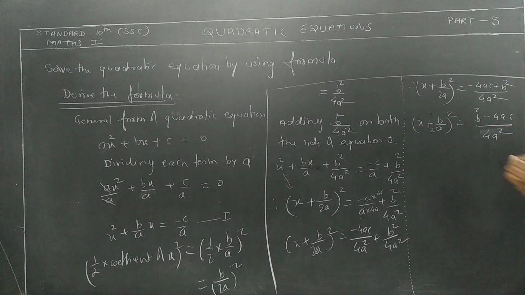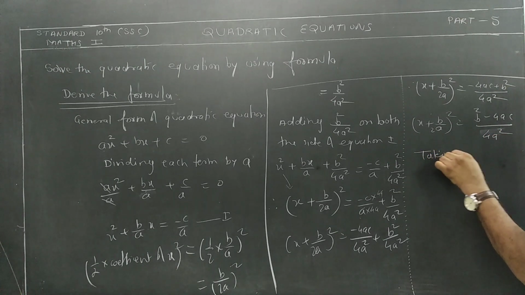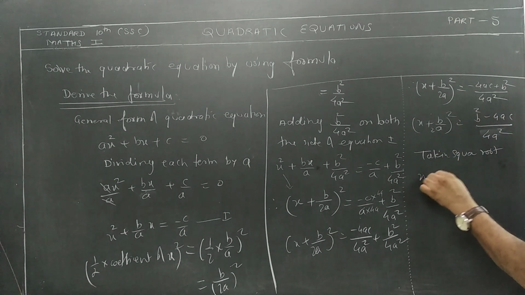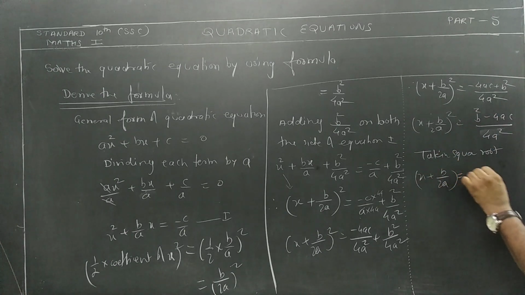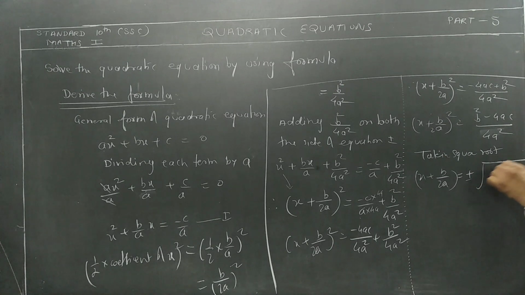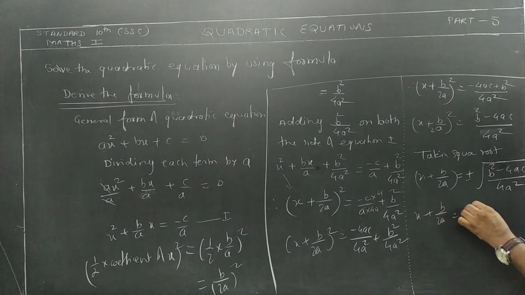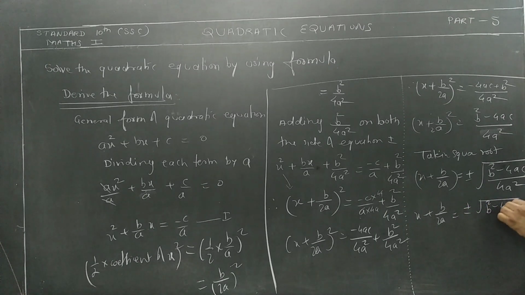Now what I am going to do is taking square root. Taking square root, I get x plus b upon 2a is equal to plus or minus root of b square minus 4ac upon 4a square. So the answer will be x plus b upon 2a is equal to plus or minus root of b square minus 4ac, root of 4 is 2 and root of a square is what?